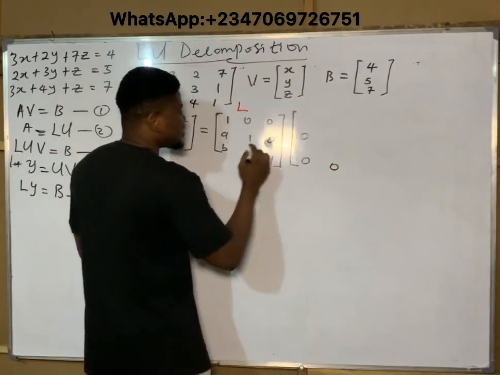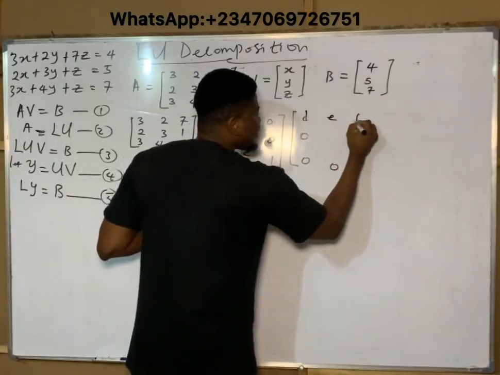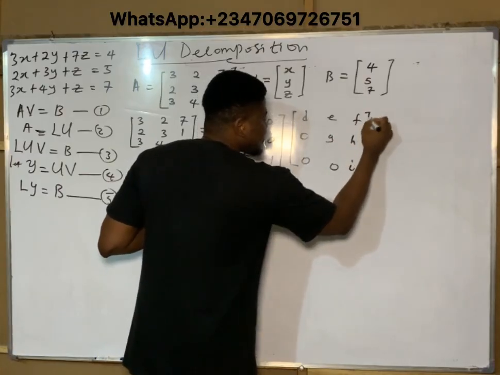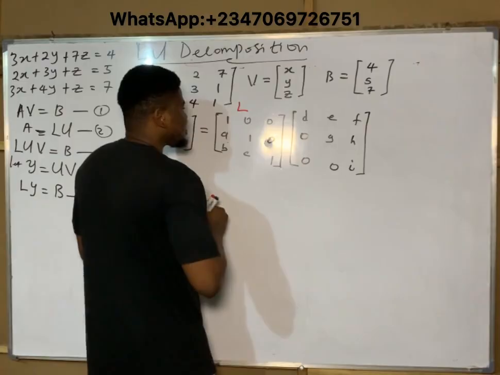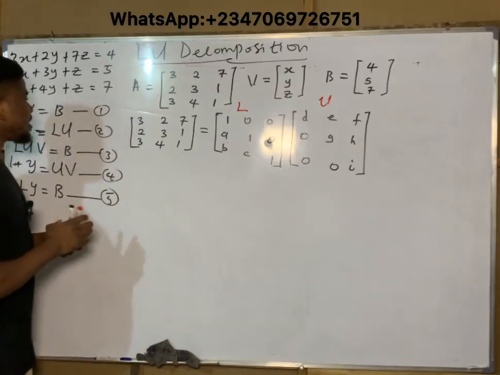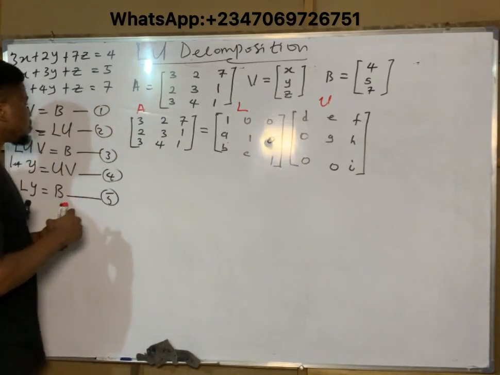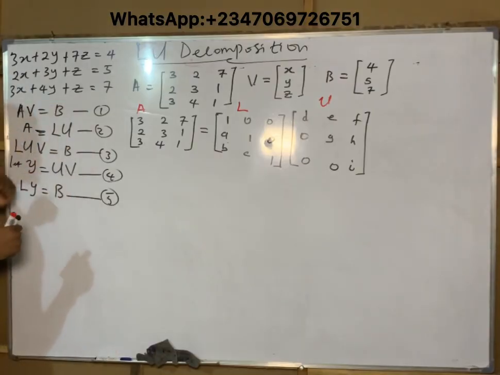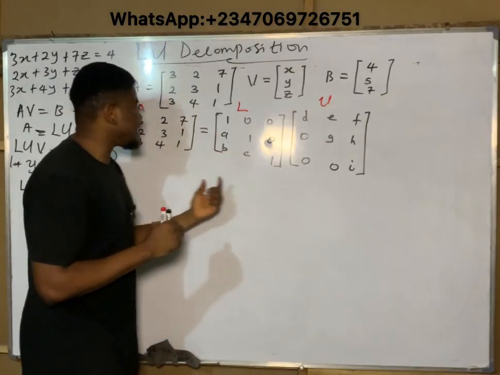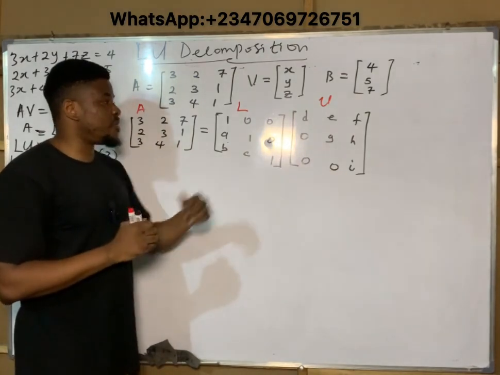So this is A, B, C. Then we continue with D, E, F, G, H, I. So this is our upper matrix, U. So this is A, by the way. Matrix A is now equal to the lower matrix multiplied by the upper matrix. So our aim now is to find the values of these unknowns and then decompose A into this lower and upper matrix.